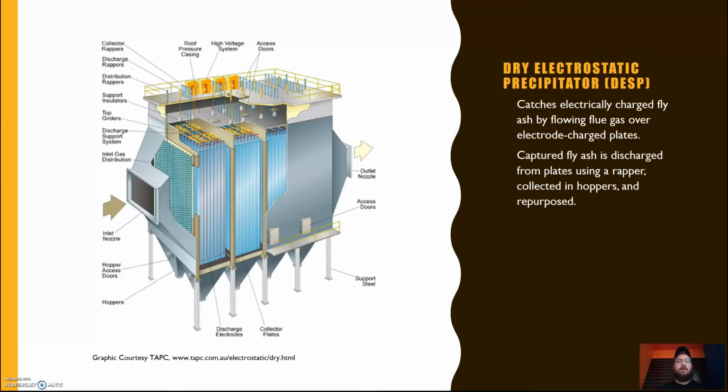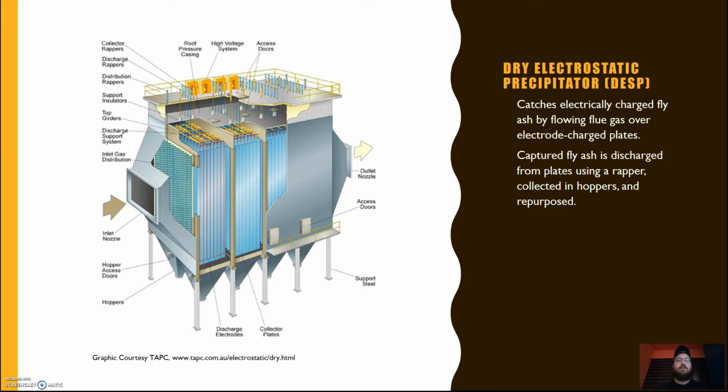Here you'll see a schematic of a dry electrostatic precipitator unit. A dry electrostatic precipitator is the base separation for the colloidal flue gas. It consists of tubes or plates connected to electrodes which supply a large voltage differential.